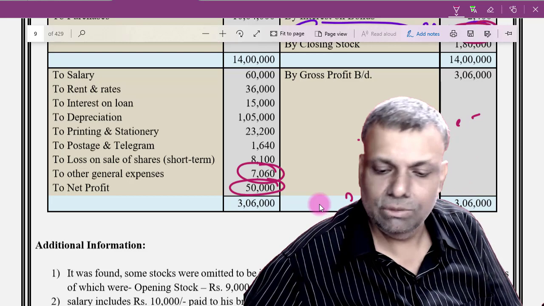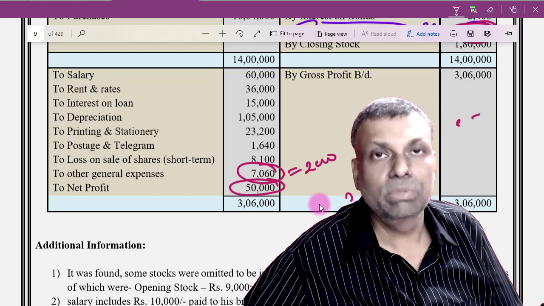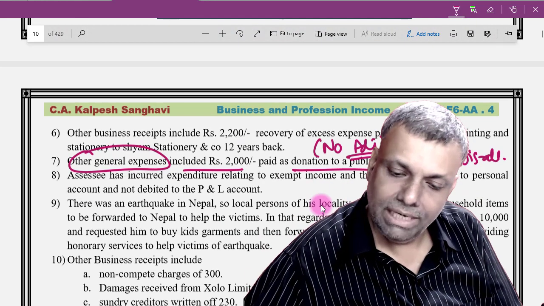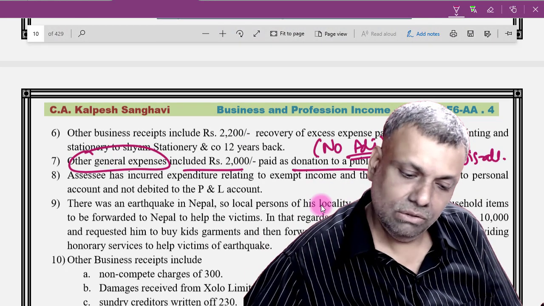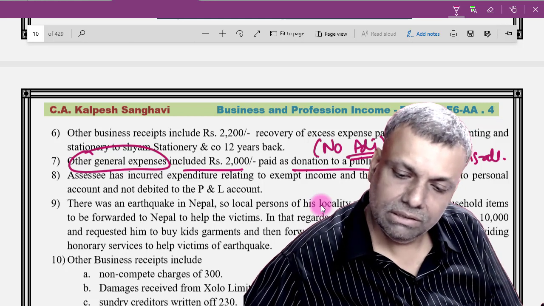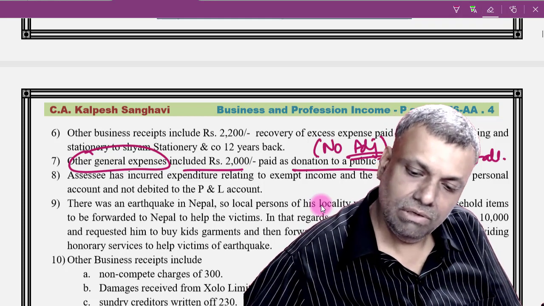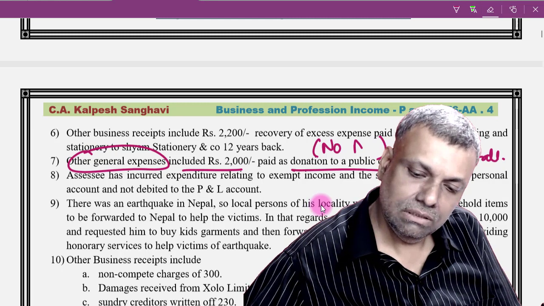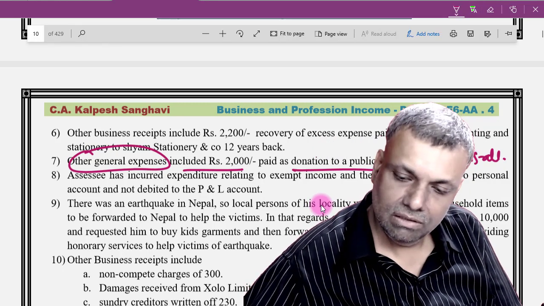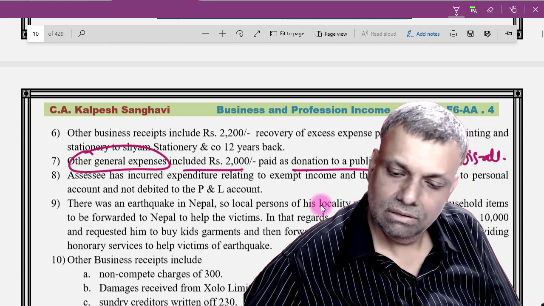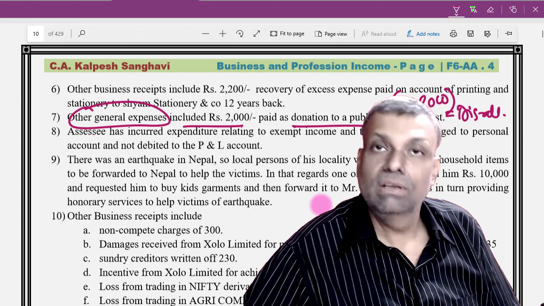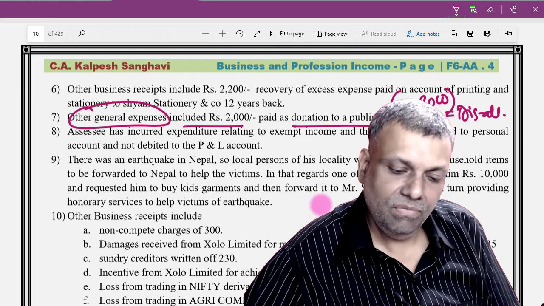See, this is other general expenditure, so here 2,000 rupees is included. Because you have already debited, that means you have already claimed. So for this 2,000 rupees we will have to carry out the adjustment. So it will be plus 2,000 rupees.